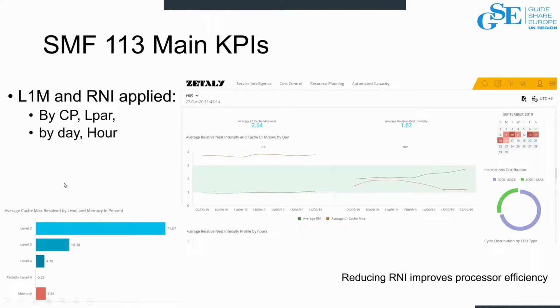And also you have more information to understand how the cache miss is resolved on the cache levels. You have the L2, L3, L4, remote L4, and memory, so you can understand how your data is accessed and how the cache miss is resolved using the other levels of memory. And when you reduce the RNI or the CPI, of course, you improve your processor performance.